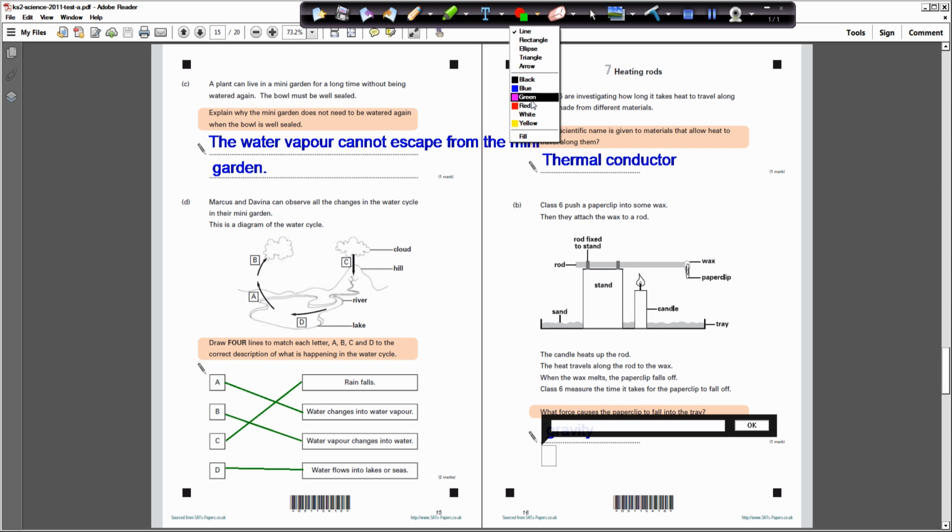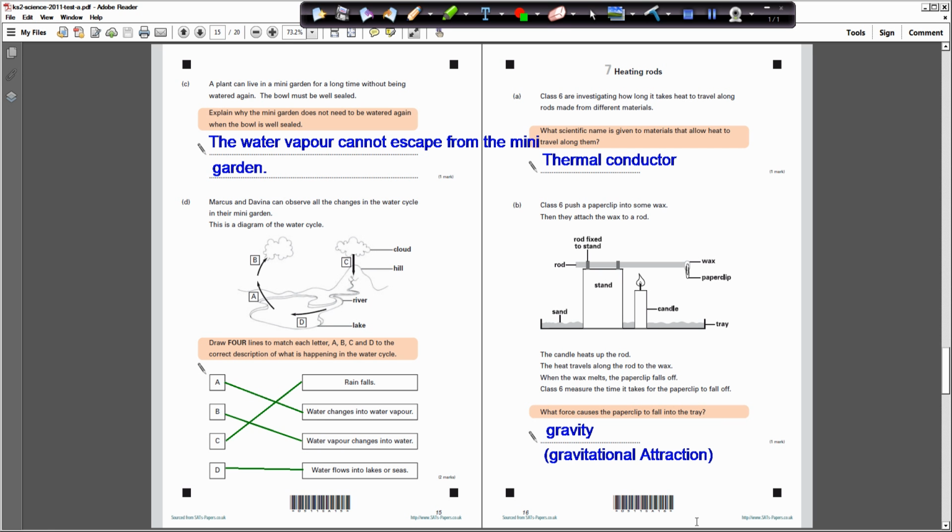Gravitational attraction. Okay, are we happy with that, folks? So that's the name of the force that caused the paperclip to fall down.